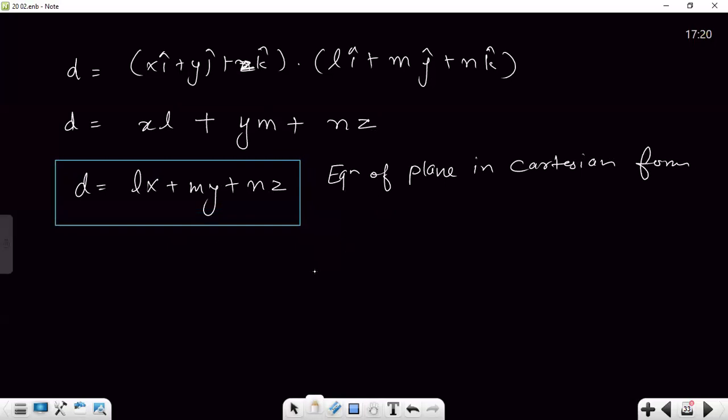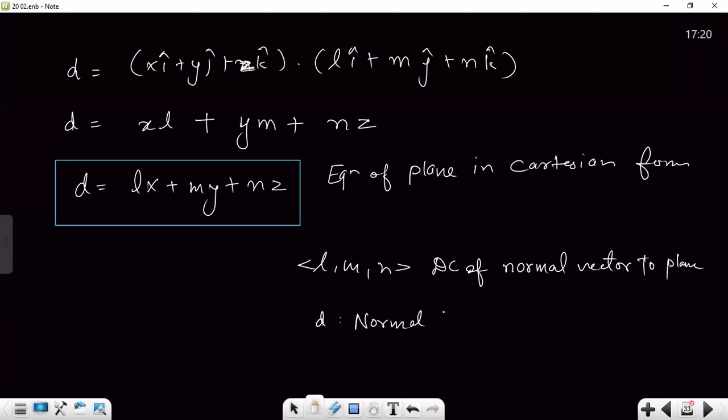Remember, l, m, n are the direction cosines of the normal vector to the plane. And yes, D. D is the normal distance from origin.